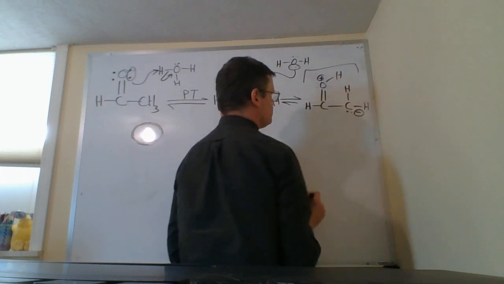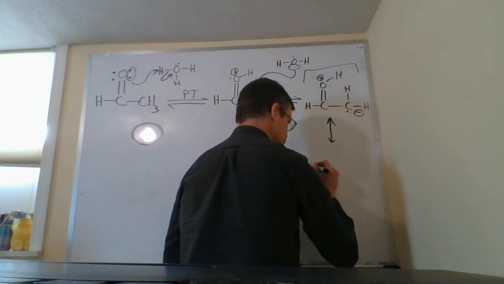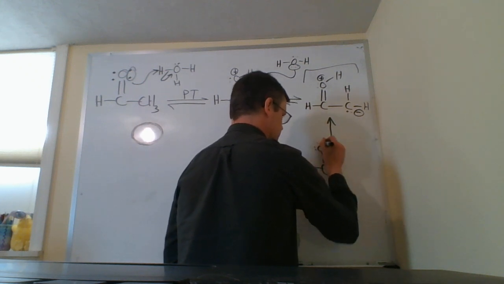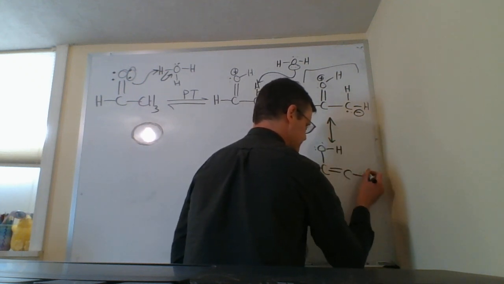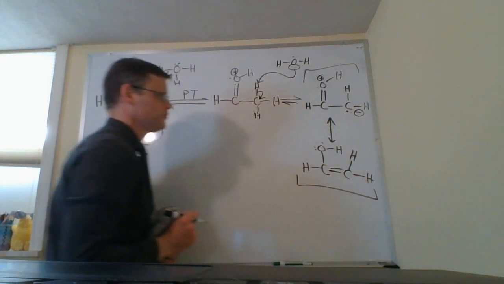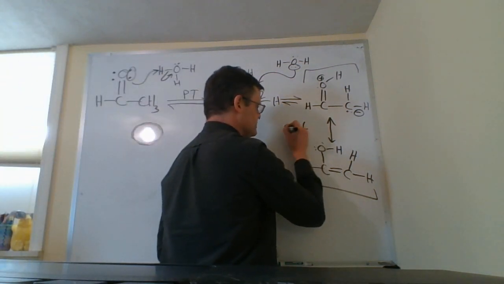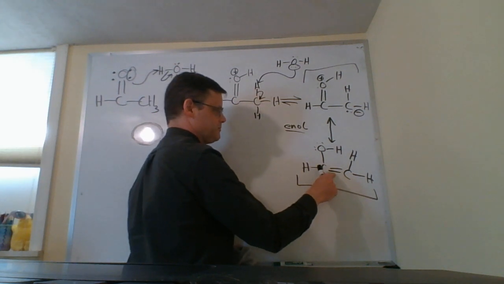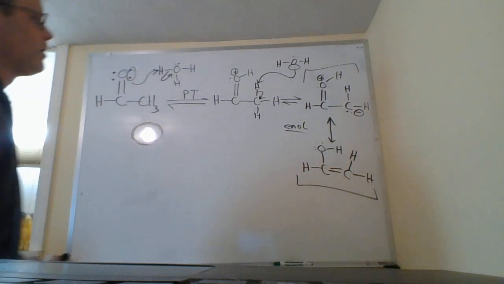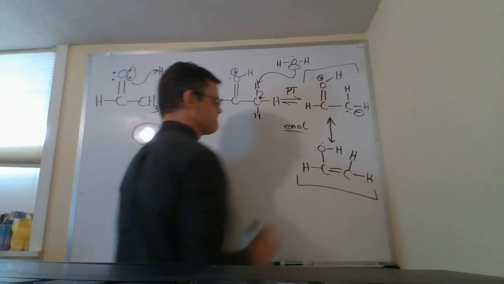So this is my enol. It has two resonance forms. If you recall, we call it an enol because it's got the CC double bond that we see in alkenes, and it's also an alcohol. So we took two steps to get there, two proton transfers.